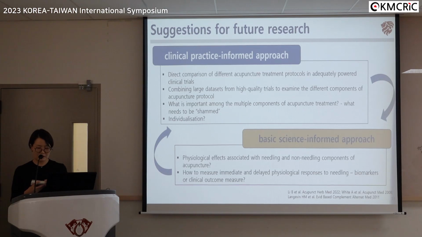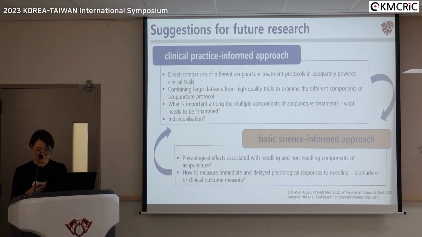For the clinical practice-informed approach, we need to directly compare different acupuncture treatment protocols in adequately powered clinical trials. Combining large data sets from high-quality trials to examine the different acupuncture protocols and different components of acupuncture treatment would also be beneficial.